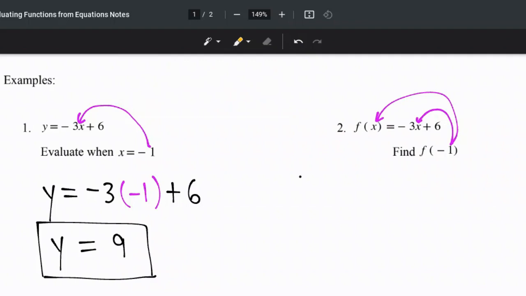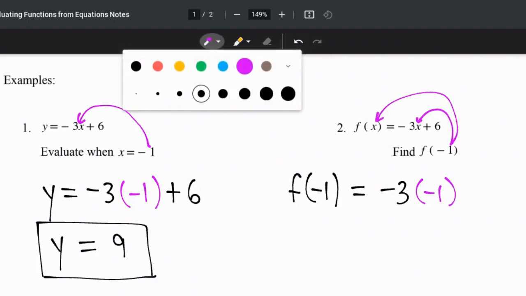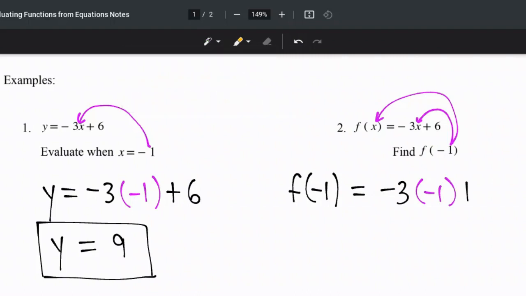I'll go ahead and rewrite it. F of, we're putting negative 1 in for x, equals negative 3. Again, we're putting negative 1 in for the x with parentheses, and then plus 6. You can type that in your calculator right here and see what you get.